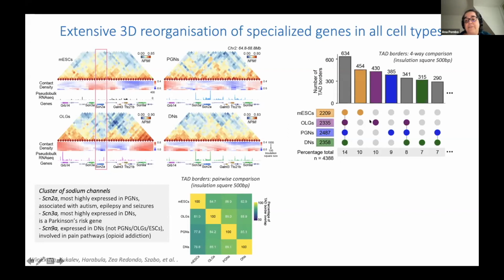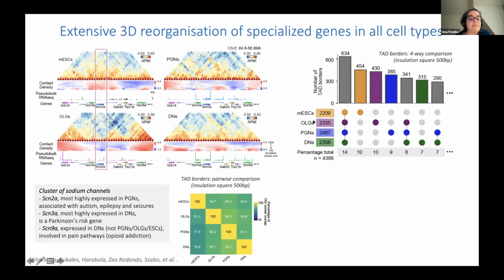The most abundant borders are specific to ES cells, to the 2 oligodendroglia, PGNs or DNs, or common to all brain cell types, or only common to the 2 neurons, PGNs and DNs. This really suggests that there's much more extensive reorganization of the TADs than perhaps has been appreciated before, partially, we think, because of the pairwise comparisons.